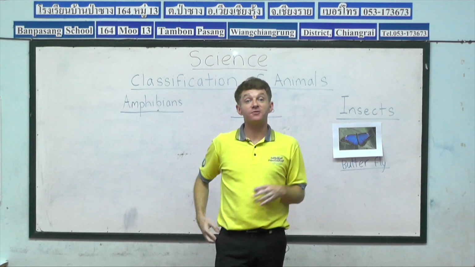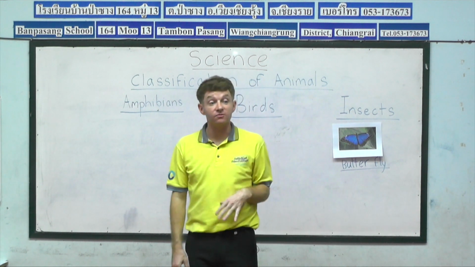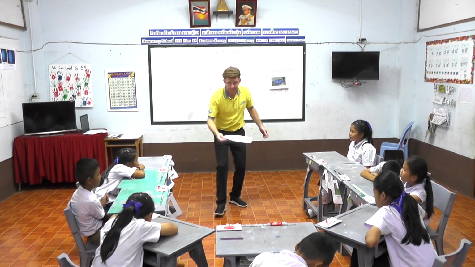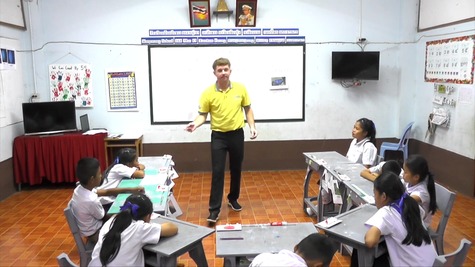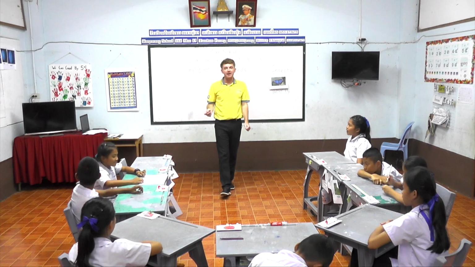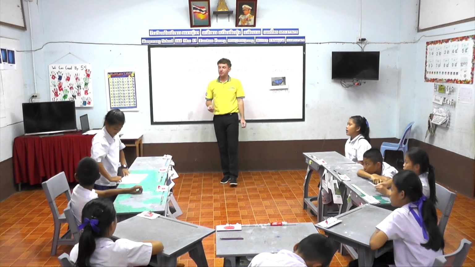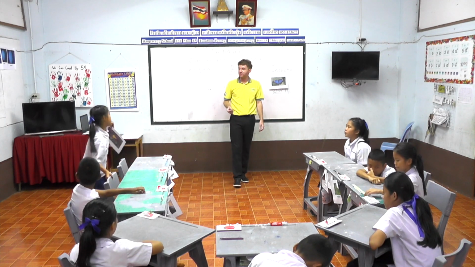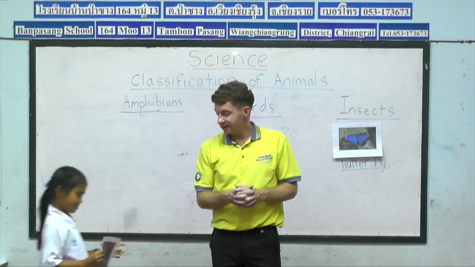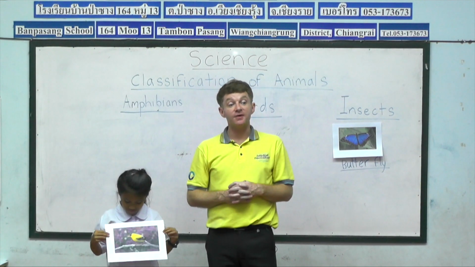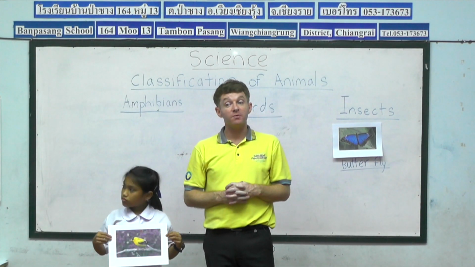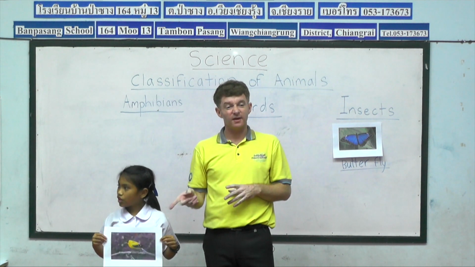And now, time for our next flashcard with another student. And the flashcard now is with Pak Bung. So Pak Bung, can you bring your flashcard to the front of class? And here we have what type of animal? Is this a fish? Amphibian?